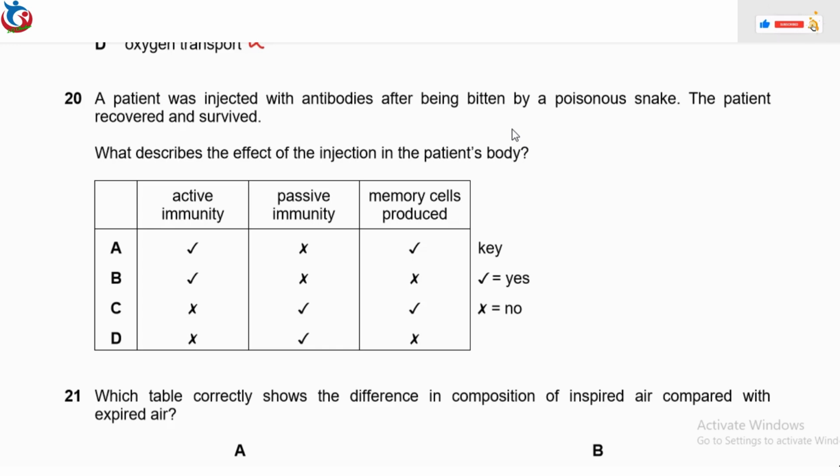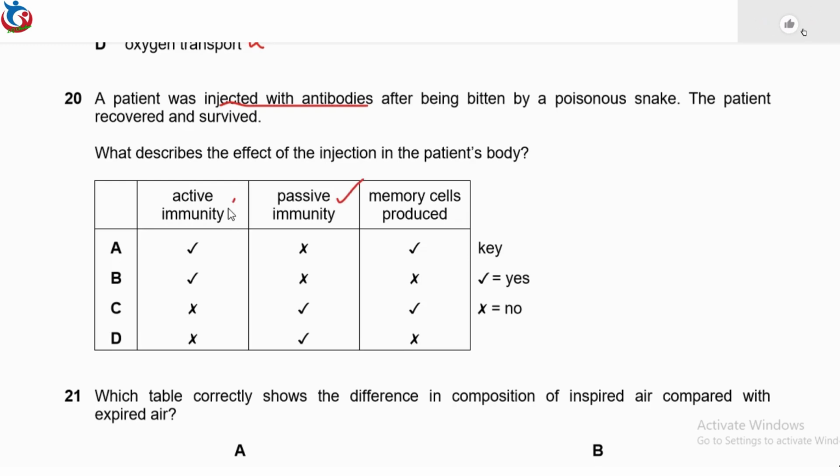So question 20 now says, a patient was injected with antibodies after being bitten by a poisonous snake. The patient recovered and survived. What describes the effect of the injection in the patient's body? So in this case now, the antibodies are directly injected. So since they are not produced by the immune system itself, it produces passive immunity.